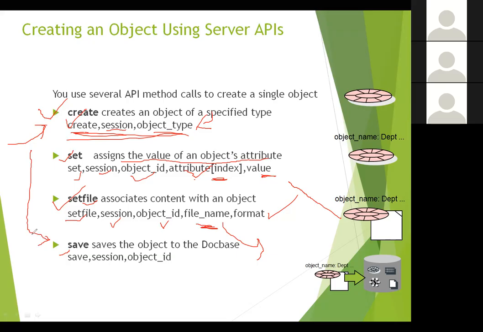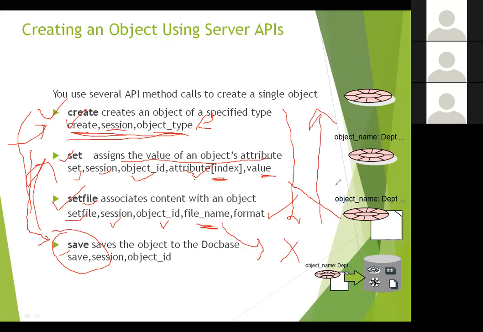At the end of create, set or set file you have to write save. If you do not save, it will not be reflected. It will be rolled back immediately. For example, you executed steps 1, 2, 3 and at the end you forgot to execute the save command. Then the above steps will be rolled back.